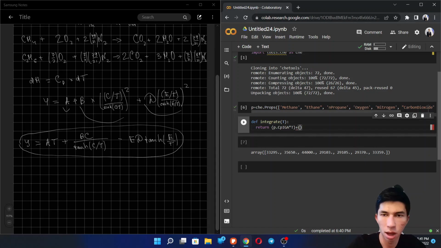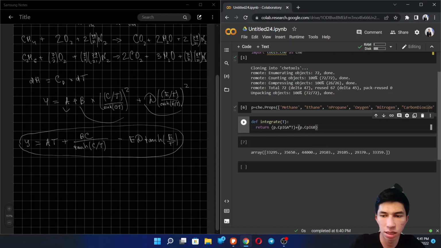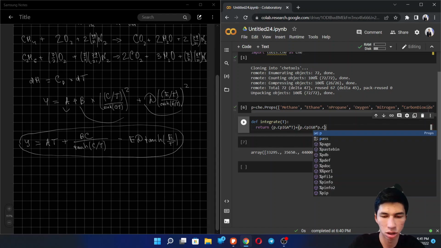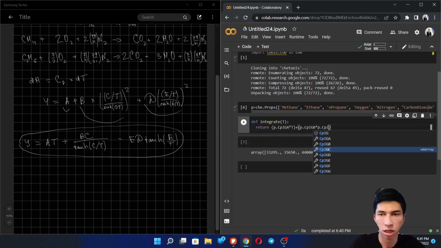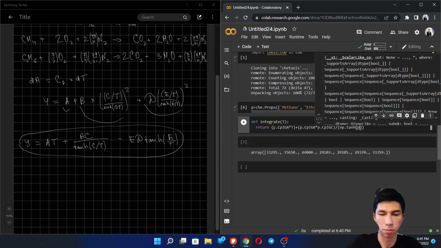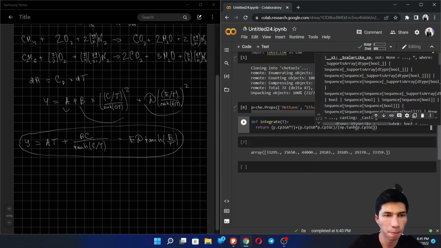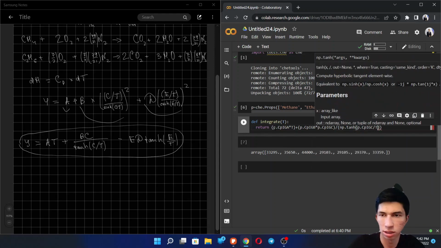It's gonna be plus P dot CPIGB, so it's B times P dot CPIGC over numpy hyperbolic tangent, and that's gonna be P dot CPIGC over T, right?